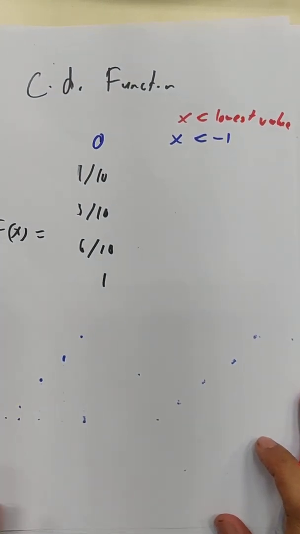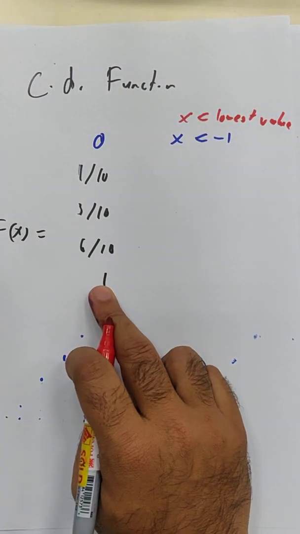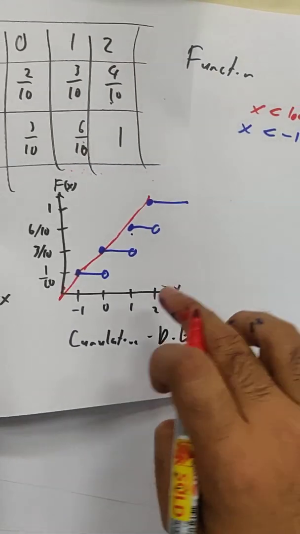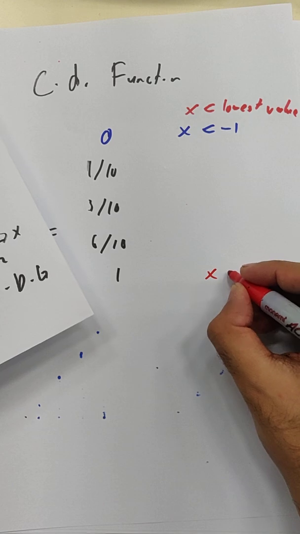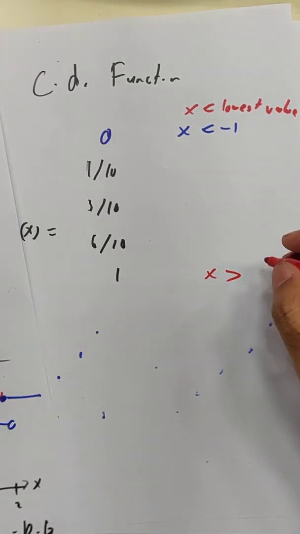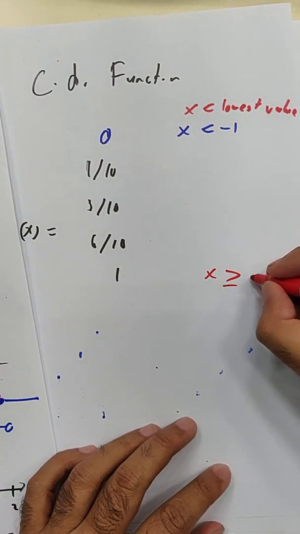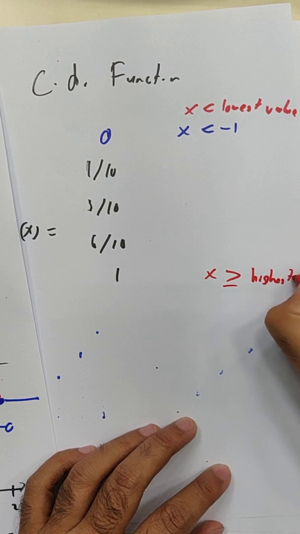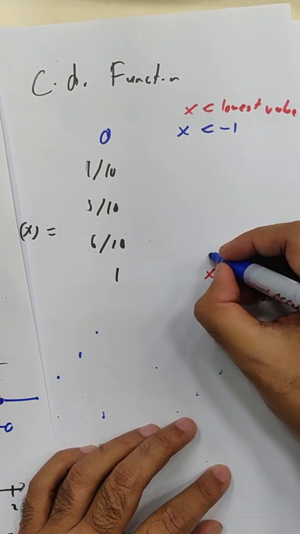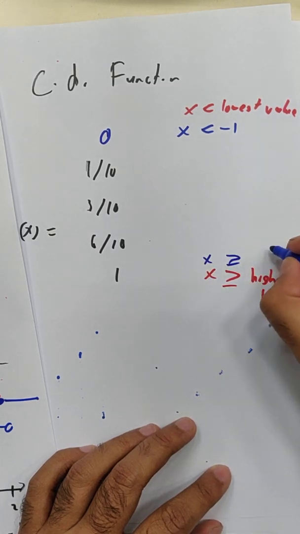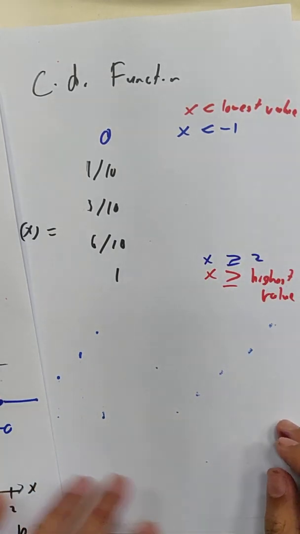This is just one of them, I'm telling you. When do you get 1? The highest value, more than the highest value. More or equals to? So x more or equals to 2.